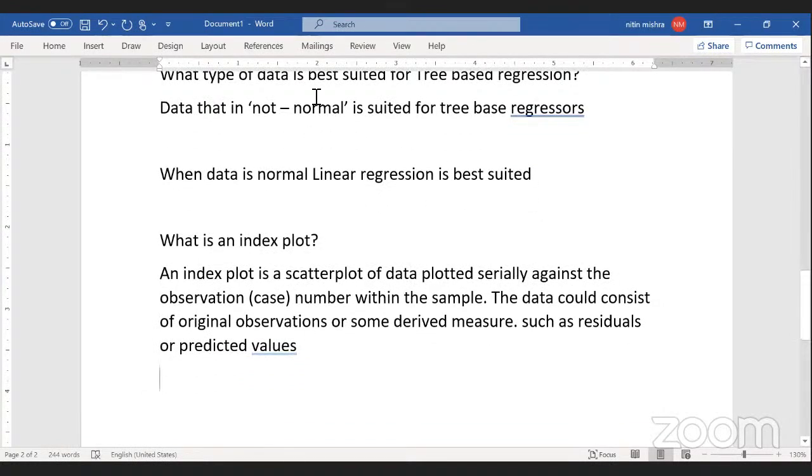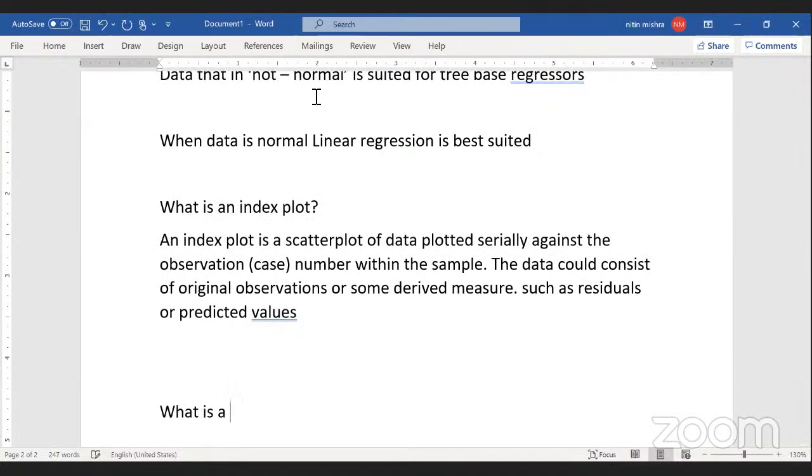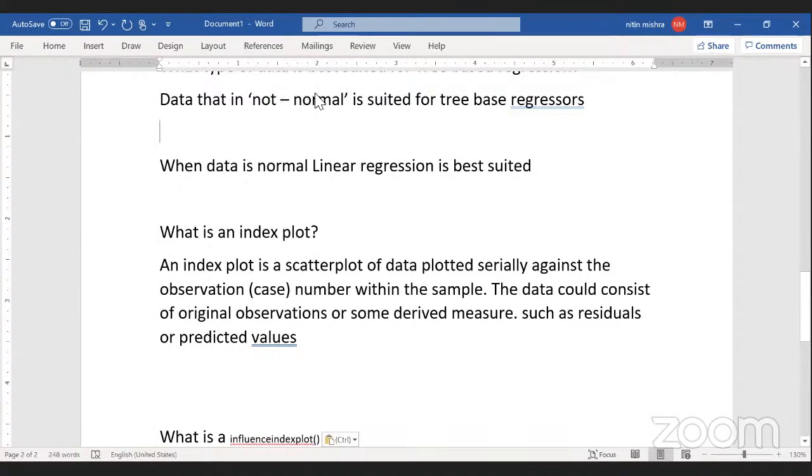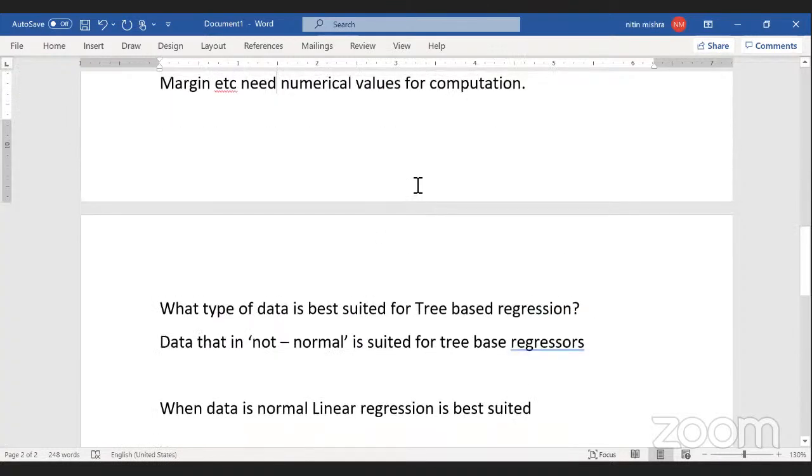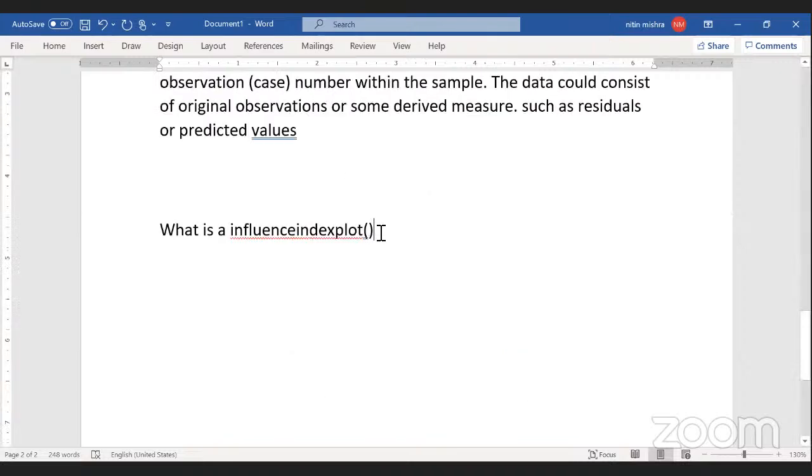Right. Now that we have understood what an index plot is, what is an influence index plot? All right. So let us see.